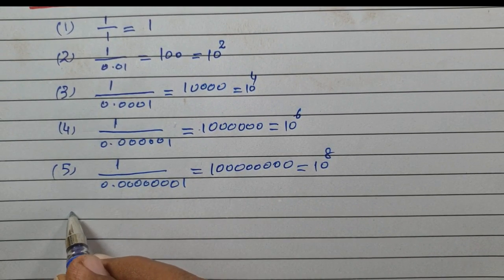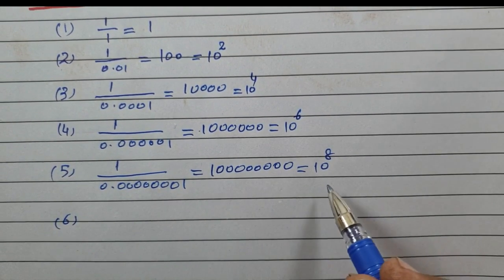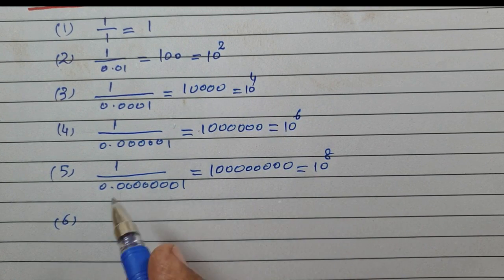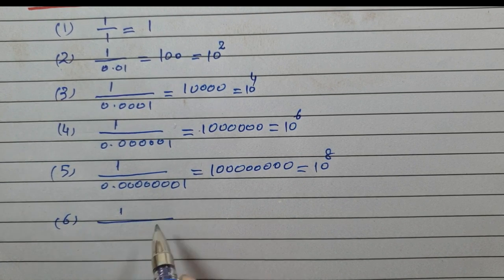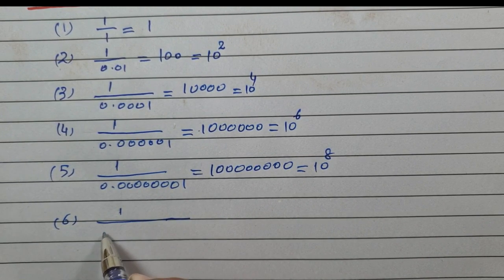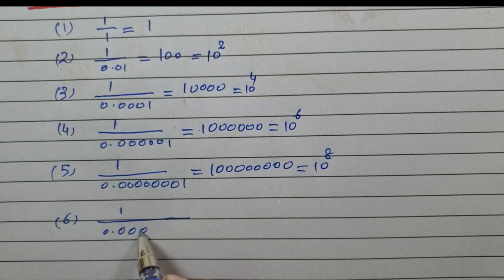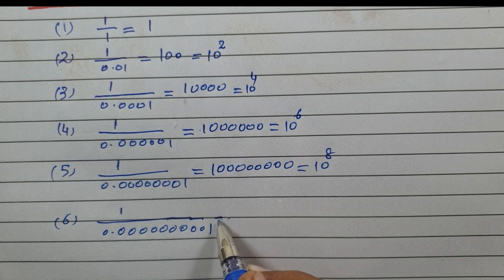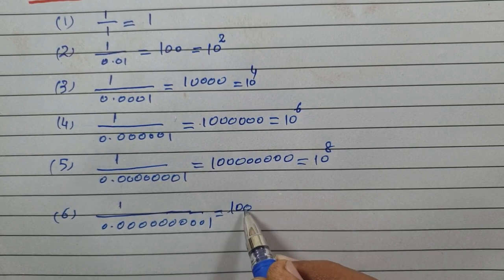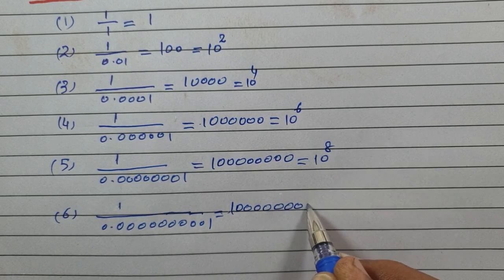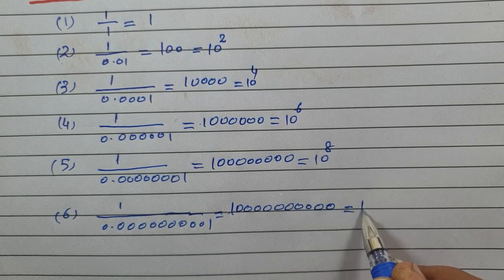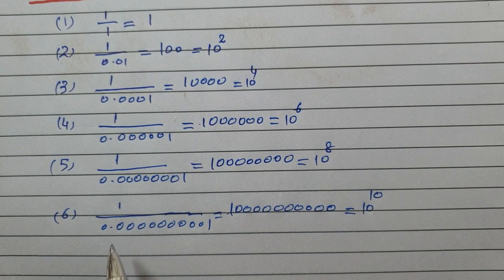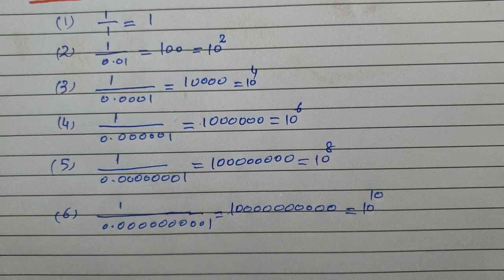Okay, and you are looking that the result is continuously increasing. 1 divided by 0. We get 10 raised to power 10 if 1 is divided by this figure.